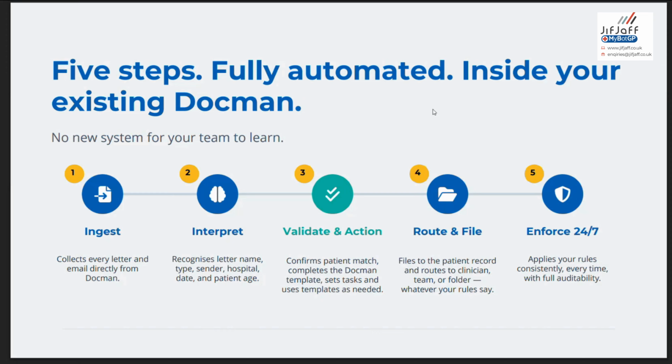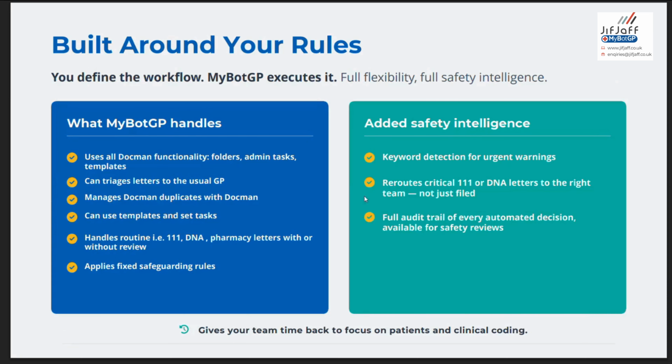So you've got this workhorse, this automated platform, grabbing all of the letters, validating the patients, completing the Docman template, filing them, getting rid of the ones you don't need to see, and then pushing the ones that you do want to see through the protocols you have at the practice: tasks, templates, people, coding teams, whatever. It's completely up to you. You tell us, we'll show you what all of your letters are, and you say where you want them sent to.